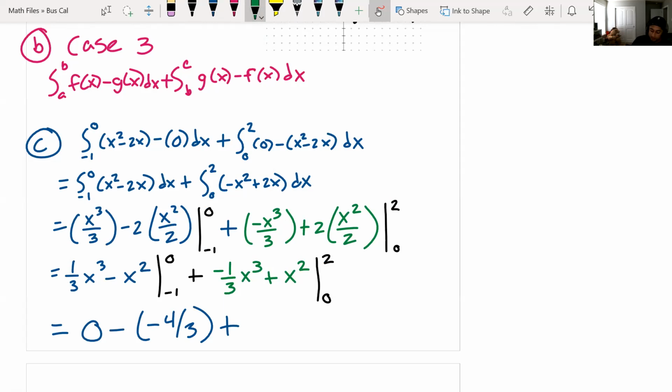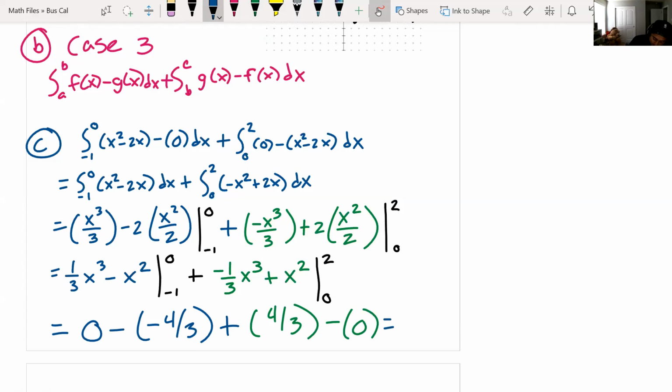If I type in 2, I get 4/3 minus, and if I type in 0, I get 0. Well, clean up some more.